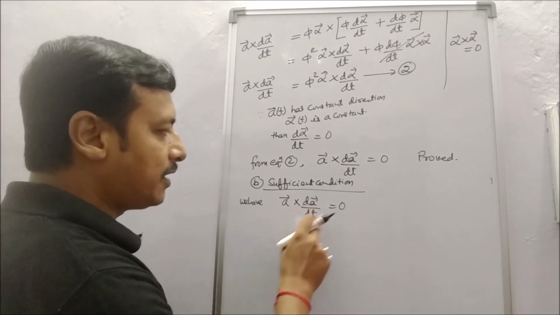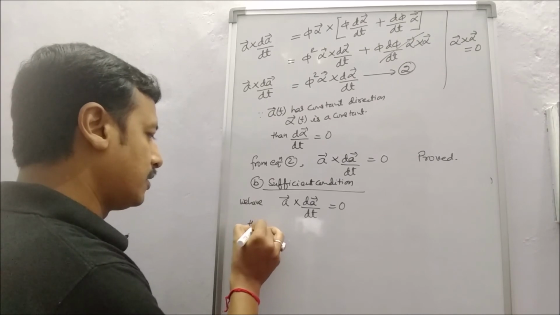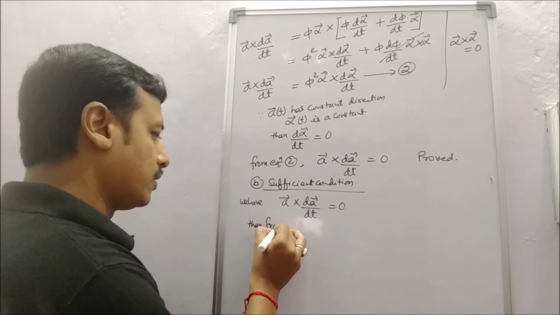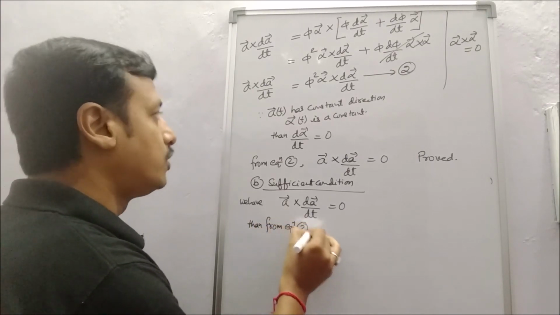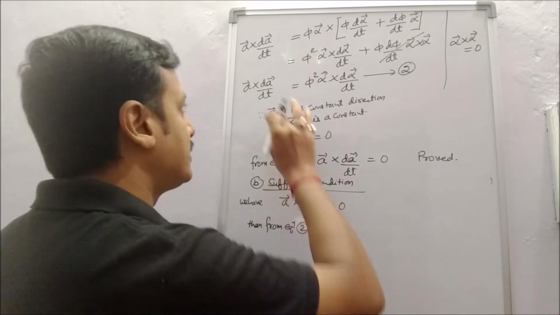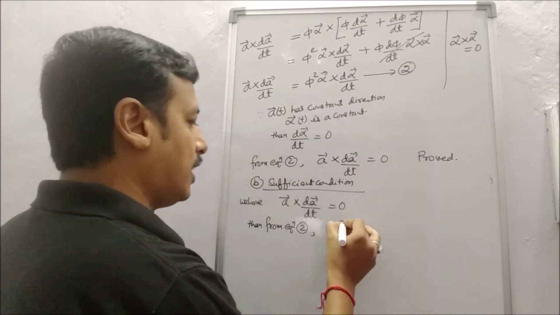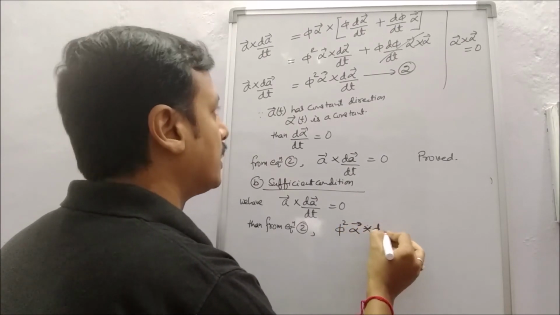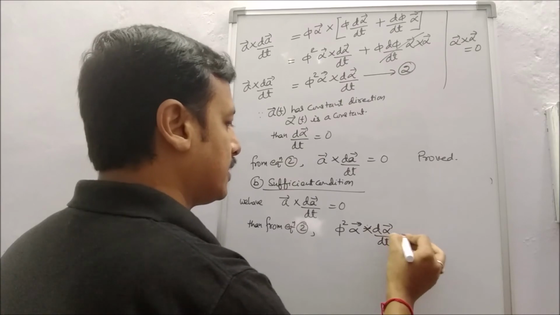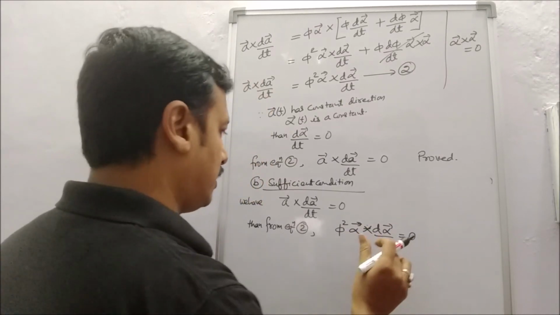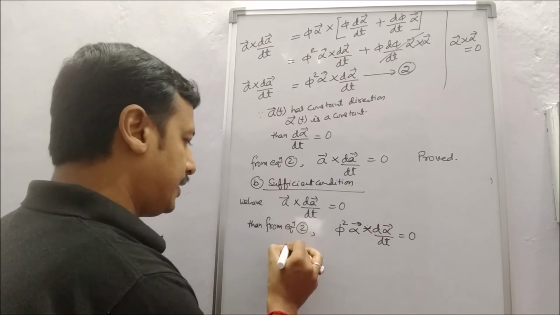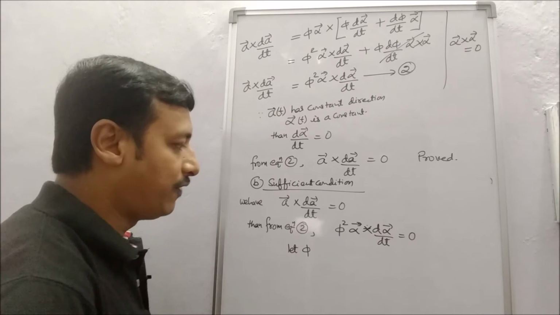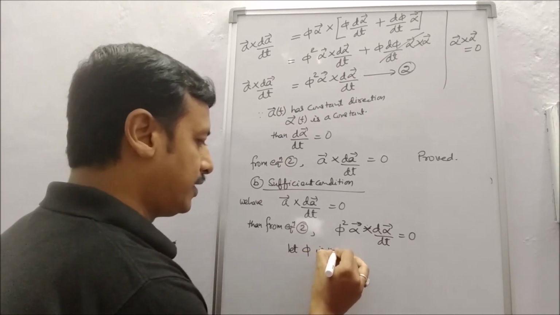So if A cross dA by dt is equal to 0, then from equation 2, phi square alpha cross d alpha by dt is equal to 0. What is phi? Phi is the magnitude of vector A, which is never 0.